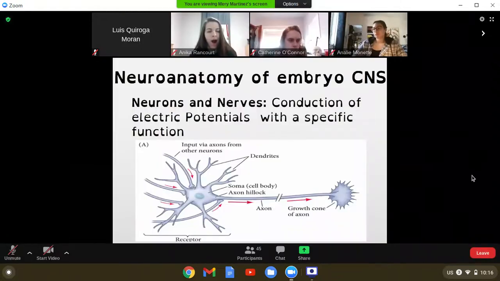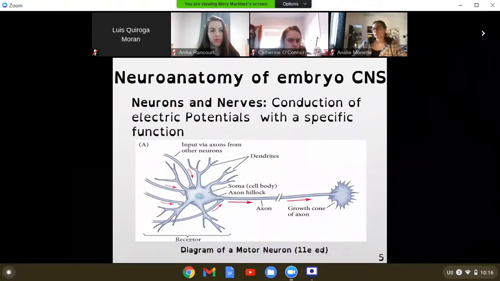Now, one important thing to know is that during the first year of life of a human, there will be a dramatic increase in the number of neurons in the cortical region of the brain. Babies are not born necessarily with the amount of neurons that they're going to have.